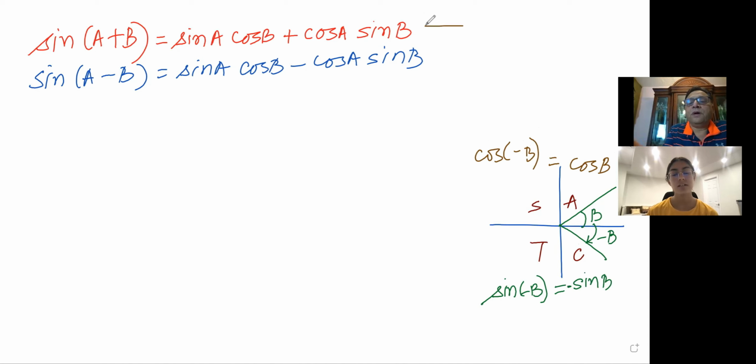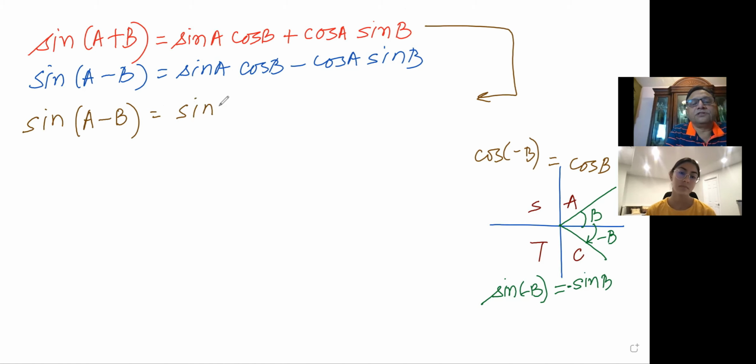So if I go back to the first formula and substitute minus b instead of b, what happens? I get sine of a, and instead of b I'm writing minus b, plus cos a, and again a has not changed, but b has changed to minus b.